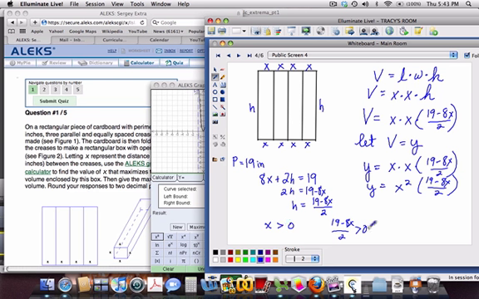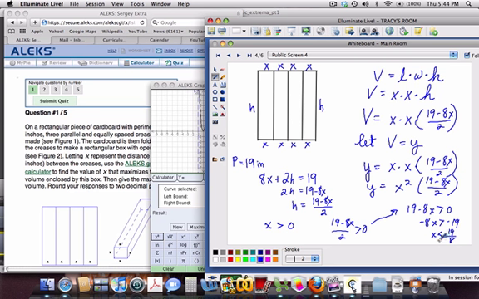You're going to multiply both sides by 2, which just gives you 19 minus 8x is greater than 0. You're going to subtract 19 from both sides, and then you're going to divide both sides by negative 8. So that gives you x is less than 19 over 8. Remember, when you divide by a negative, you're going to flip the direction of the inequality.